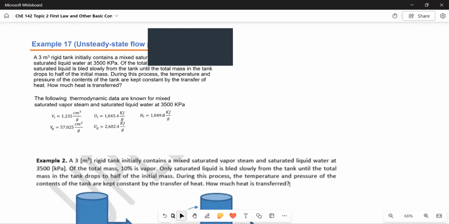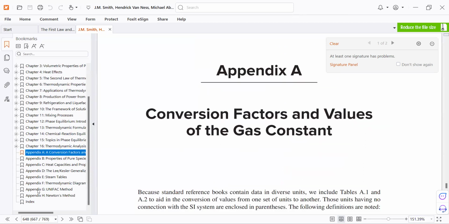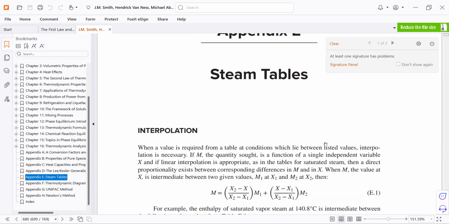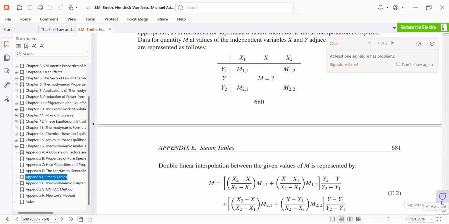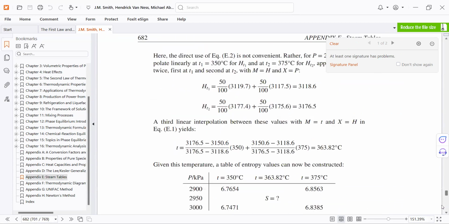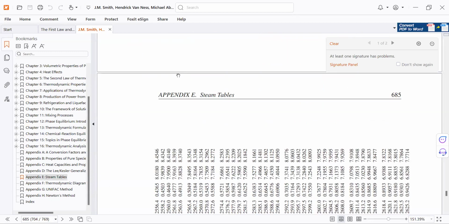Okay, so I'm now showing Smith and Van Ness. This is appendix A, the units. Appendix E would refer to the steam tables. Reading the steam table, we will discuss that in another topic. So this is just a preview, but you will be getting that data from here.